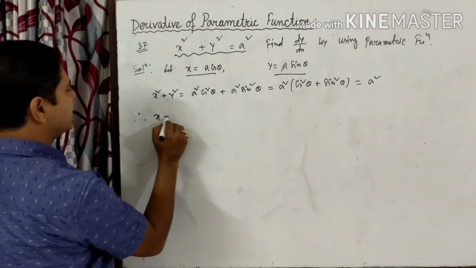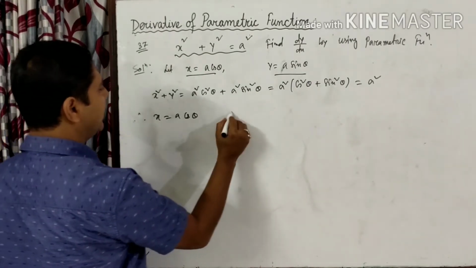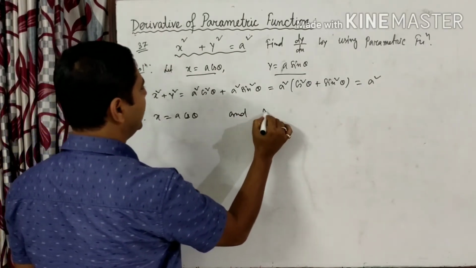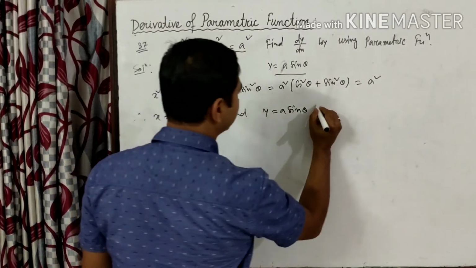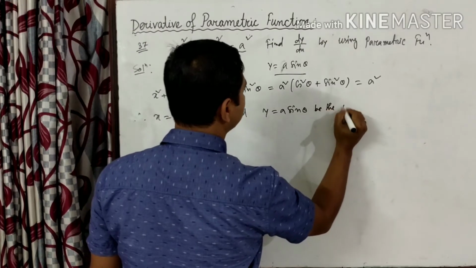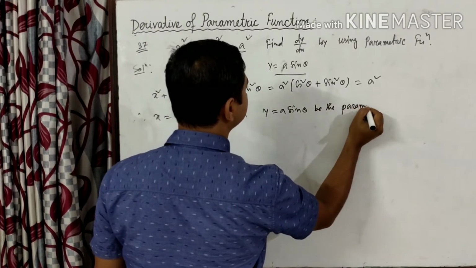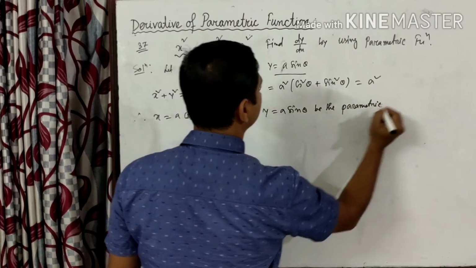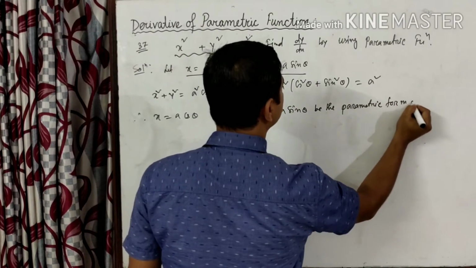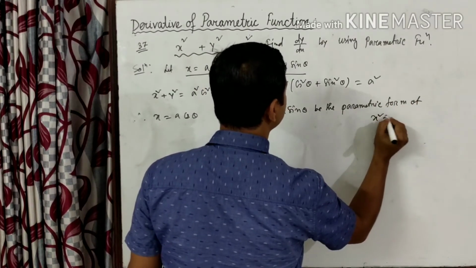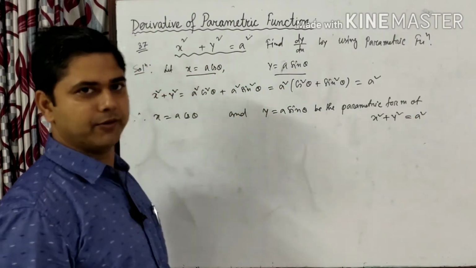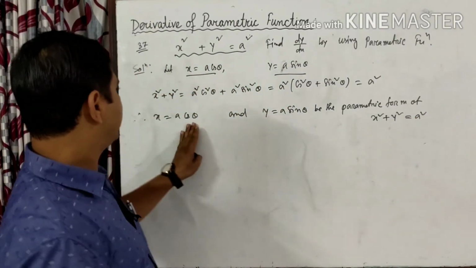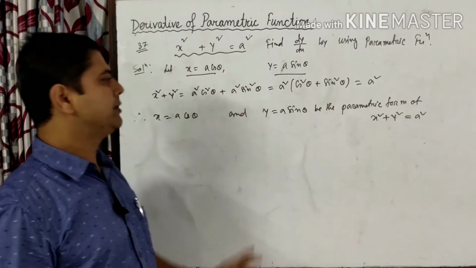Therefore x equal to a cos theta and y equal to a sin theta is the parametric form of x square plus y square equal to a square. So x equal to a cos theta and y equal to a sin theta is the parametric function of this one.